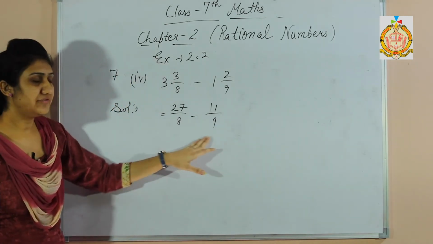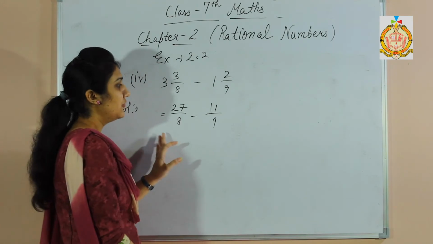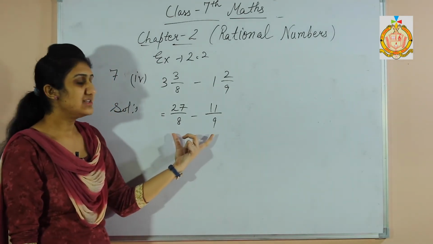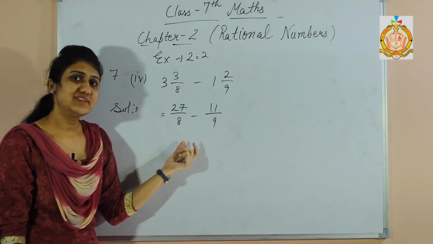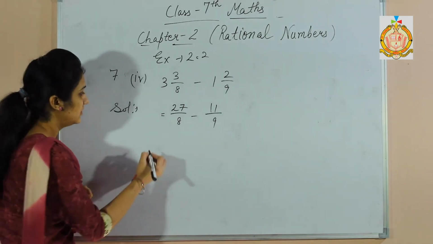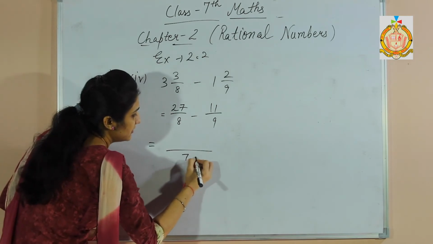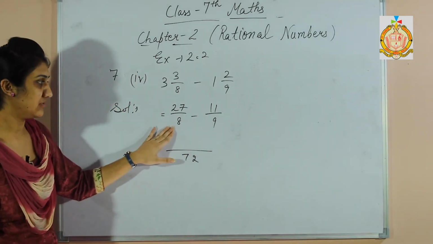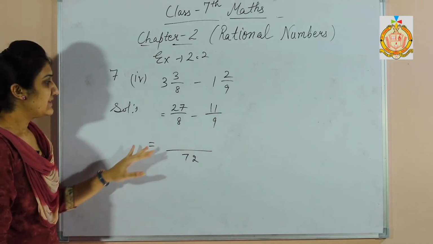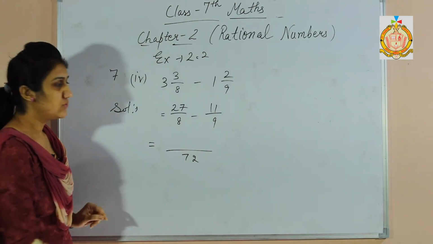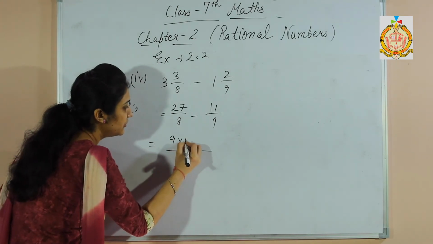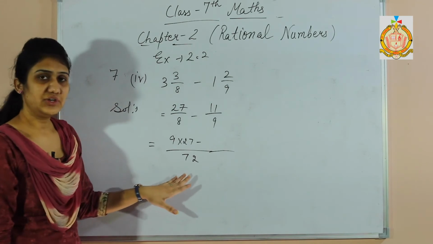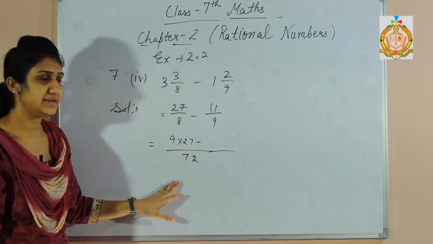Now these are different denominators, so take the LCM. It would be 72 because these are co-prime numbers, so we simply multiply these to take the LCM. So LCM is 72. Now divide 72 with 8, you will get 9. So multiply the number with the numerator. Also here divide 72 with 9, you will get 8.